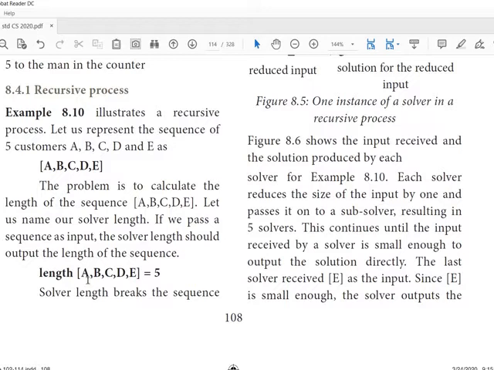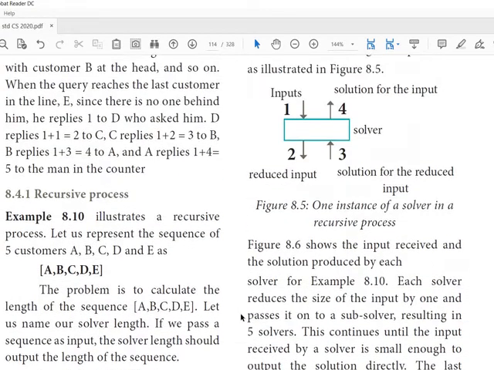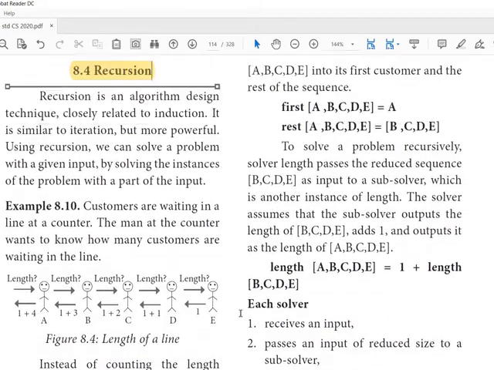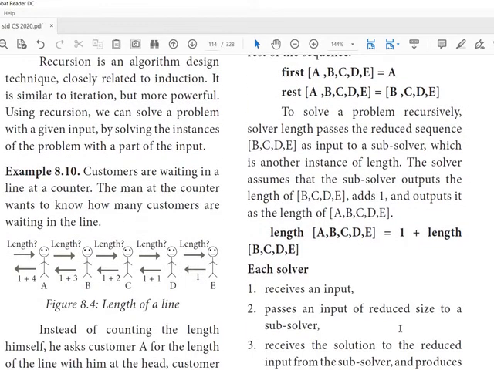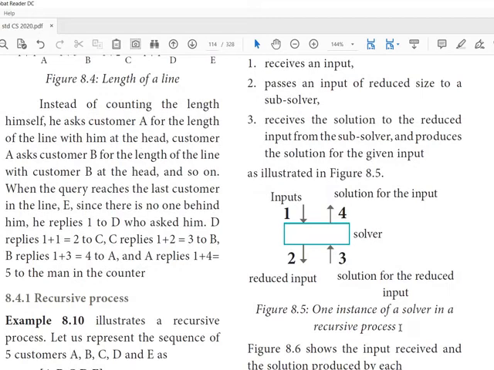That means length of A, B, C, D, E equals 5. The solver length breaks the sequence into its first customer and the rest of the sequence. That means A, B, C, D, E is now B, C, D, E. Likewise, each time it is subdivided.